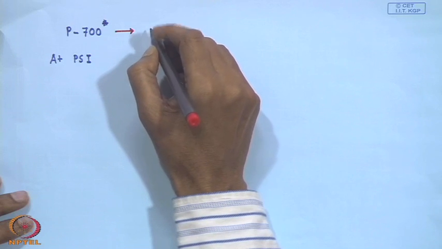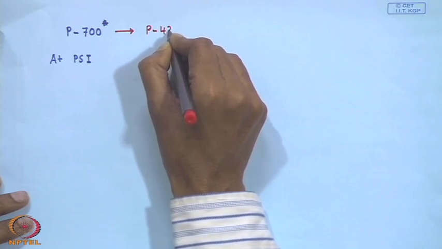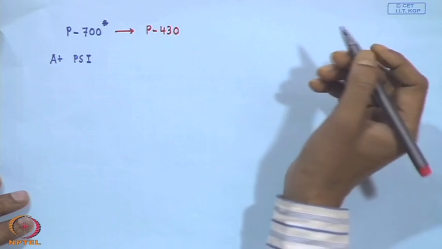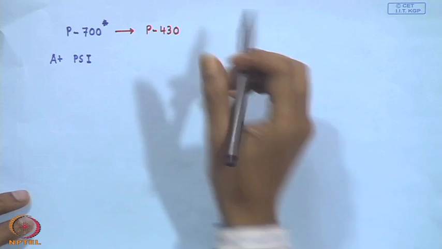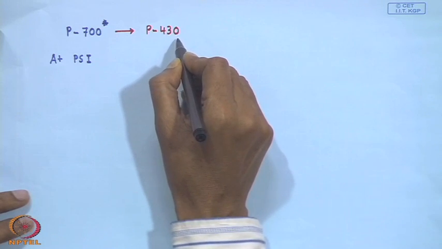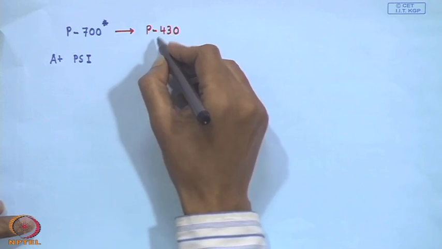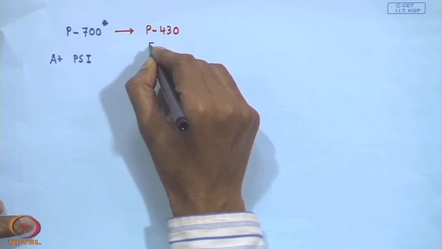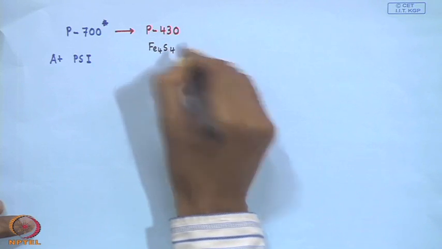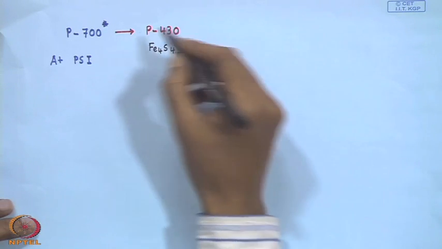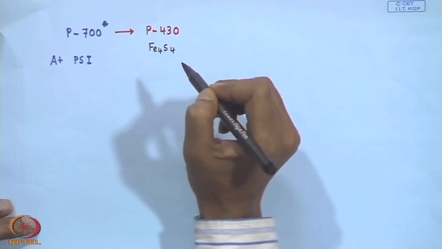What we have shown in the Z scheme is P430. It is very interesting to label all these species. P stands for pigment and this is the corresponding wavelength, because whatever species you are handling, you have this Fe4S4 species as the ferredoxin, and these are very good electron transfer materials.